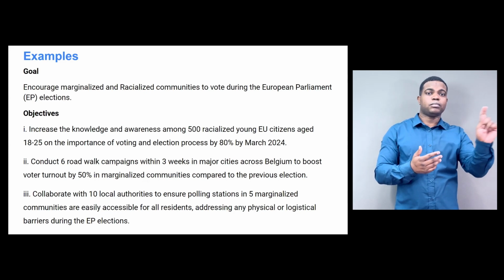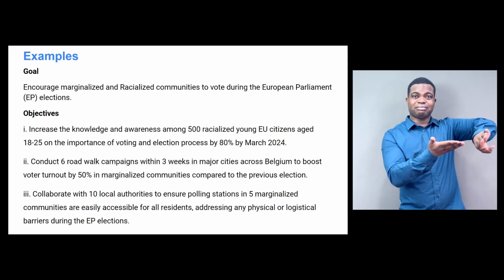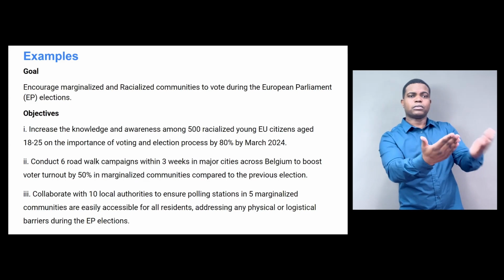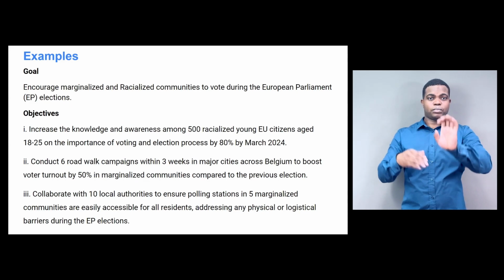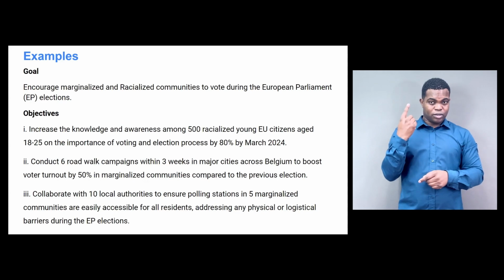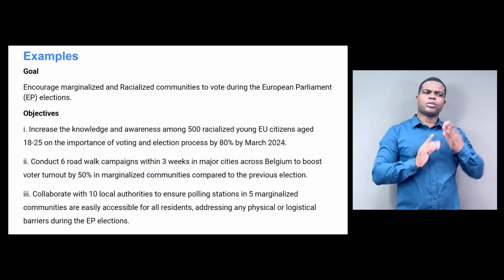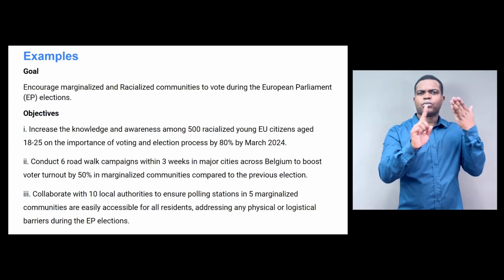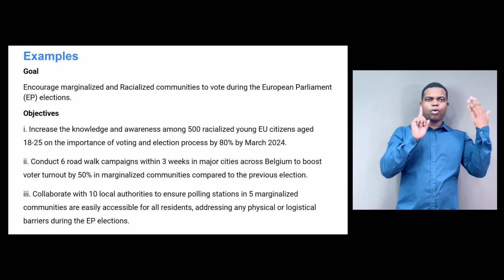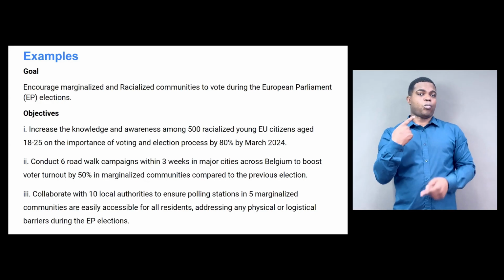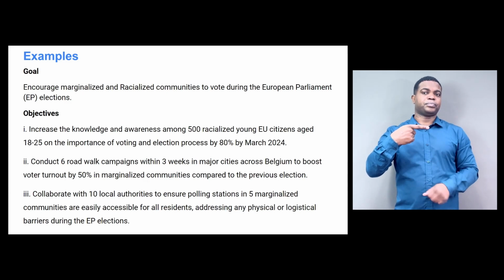So let's say that your goal is to encourage marginalized and racialized communities to vote during the European Parliament elections. That is the goal of your community engagement activity. Now, your objective could be, let's look at objective number 1.